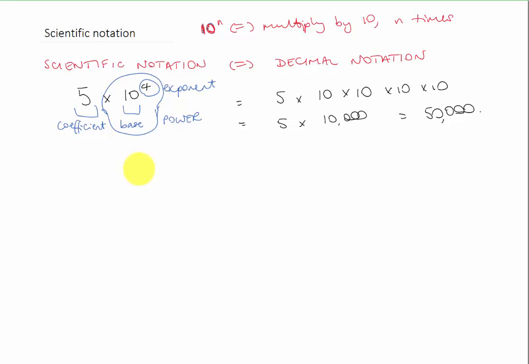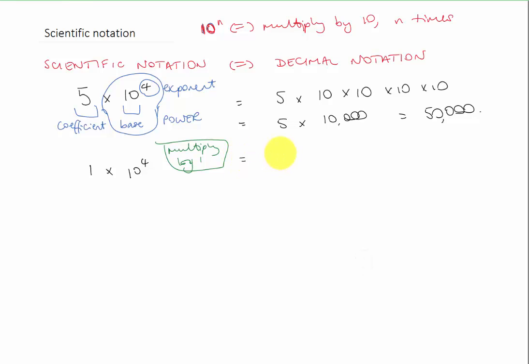Let's take another example. If I write just 10 to the power 4 on its own, that is this. If we want to write that in true scientific notation, we can say 1 times 10 to the 4, because we know that multiplying by 1 does not alter the value of our number.